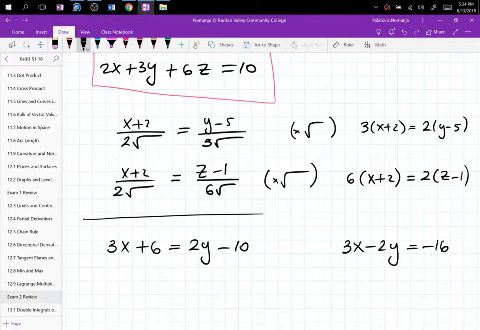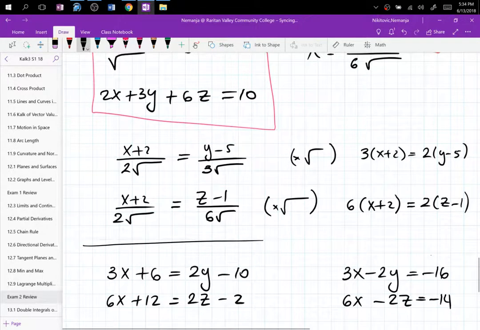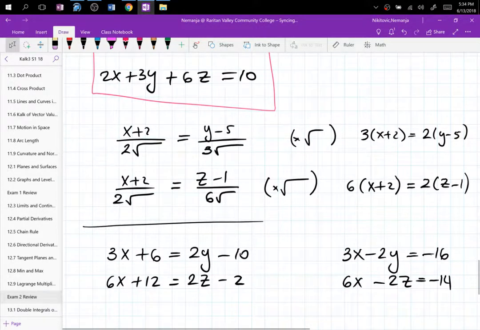The second is 6x plus 12 is equal to 2z minus 2, so that's going to be 6x minus 2z is equal to negative 14.